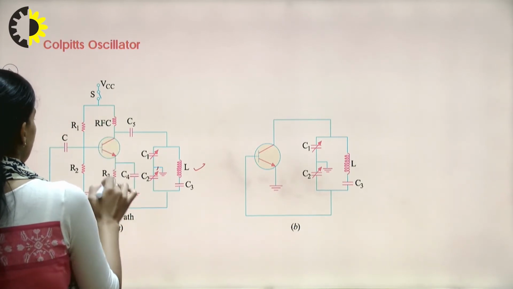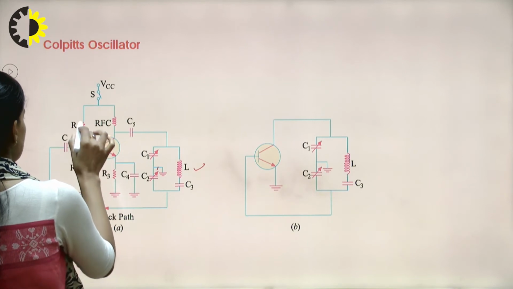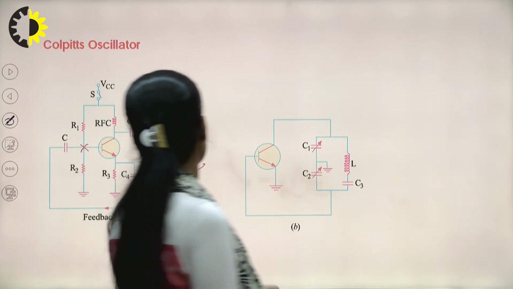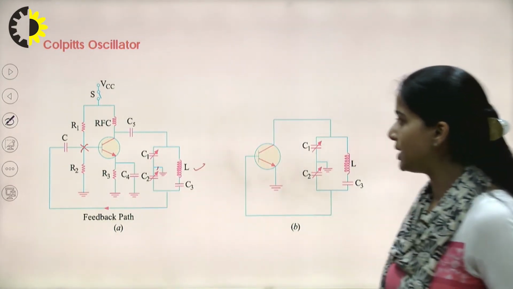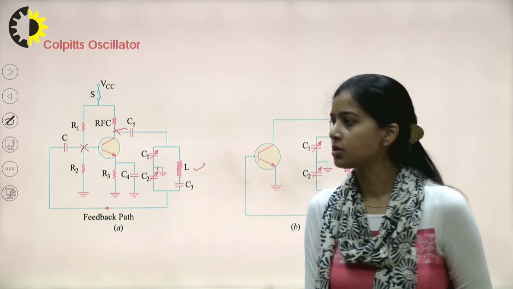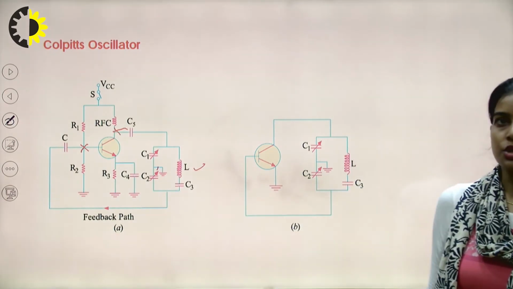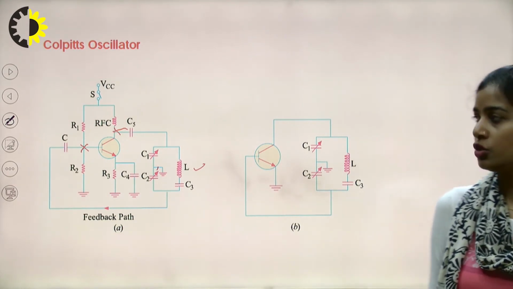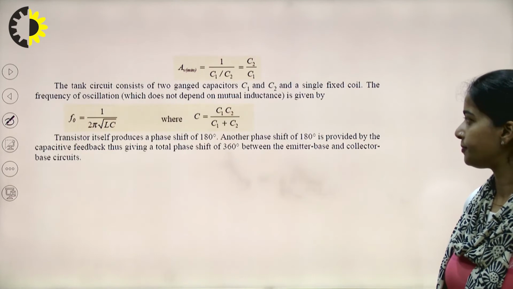Again here we have a BJT, bipolar junction transistor. Here R1 and R2 are the biasing resistances, and C5 is used at one end of this coil. We have a switch at the top through which we can connect the supply to this circuit.